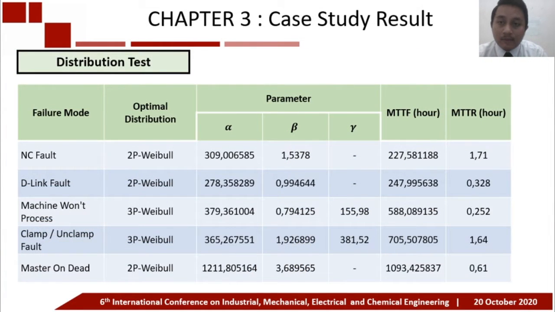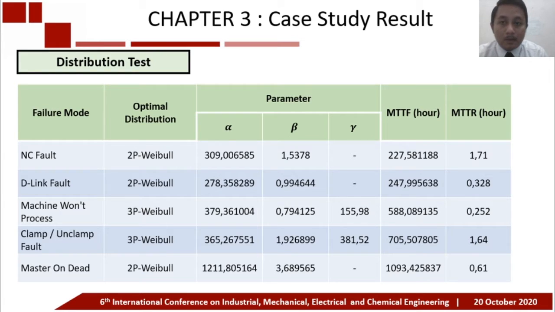First, we have done FMEA analysis on the cylinder head line to get the highest priority failure mode and get the interval data. And we did the distribution test to see the relationship between the optimal distribution and the breakdown data to be accurate. Then we will get the parameter values, mean time to failure and mean time to repair.